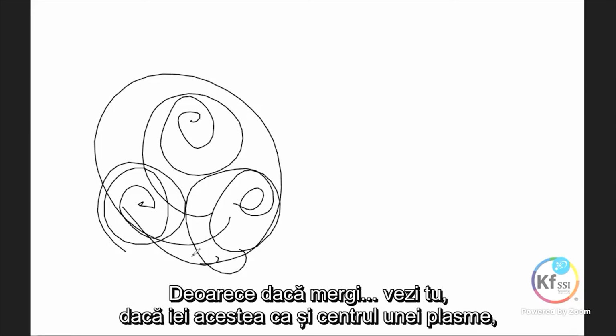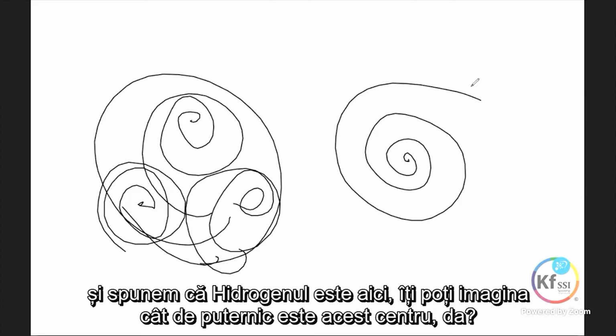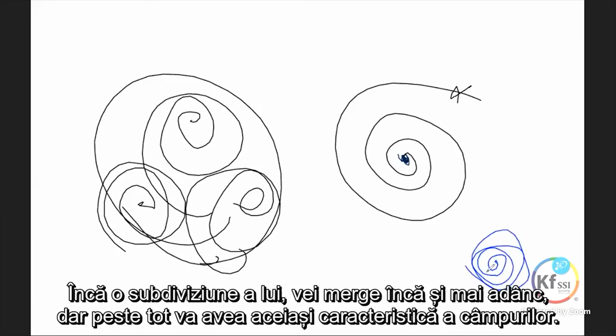If you take this as the center of a plasma, let me say the hydrogen is here, you can imagine how powerful this center is. Now, if you go into the shape of that center, then you see what sits in it. Still there is a subdivision of it. It still goes back in deep, but it still has its own characteristics and the fields of it.